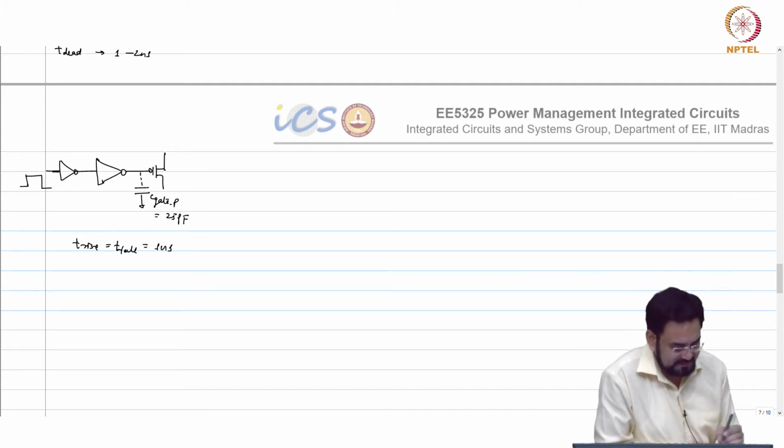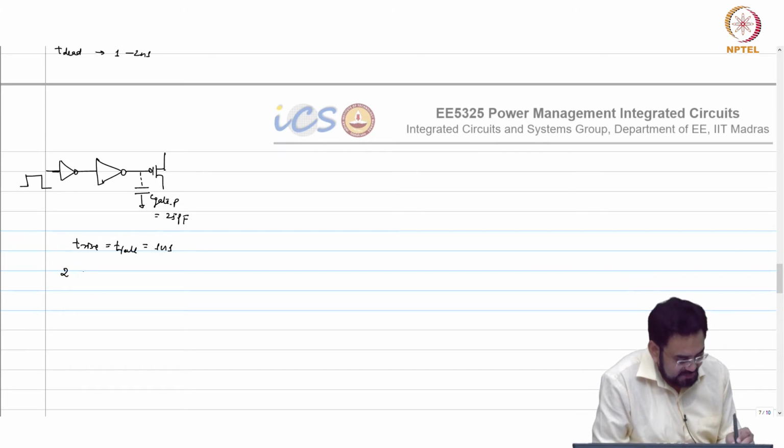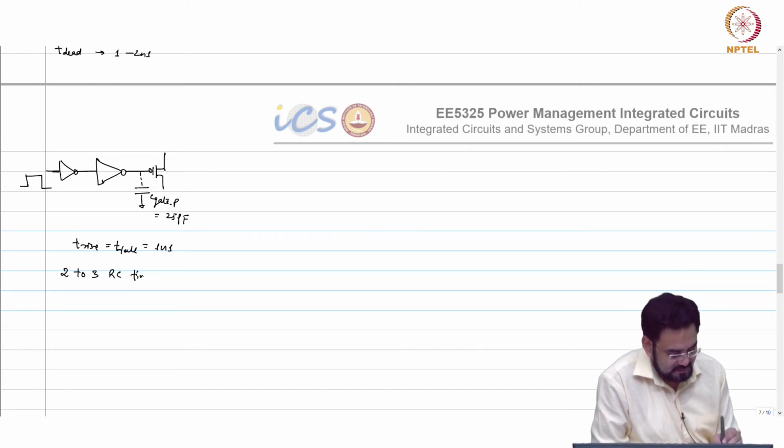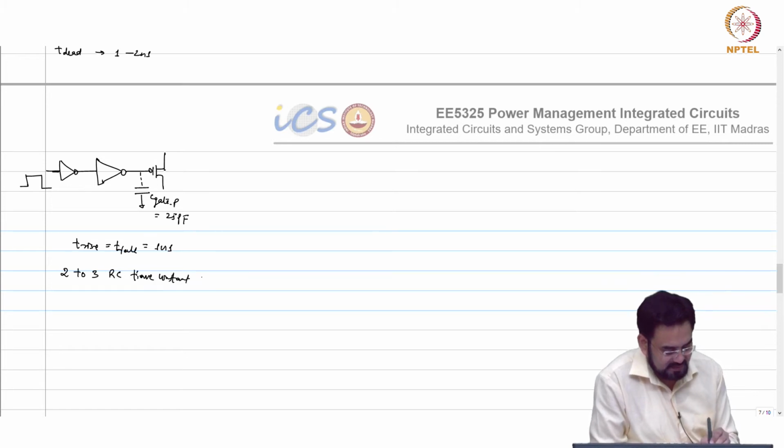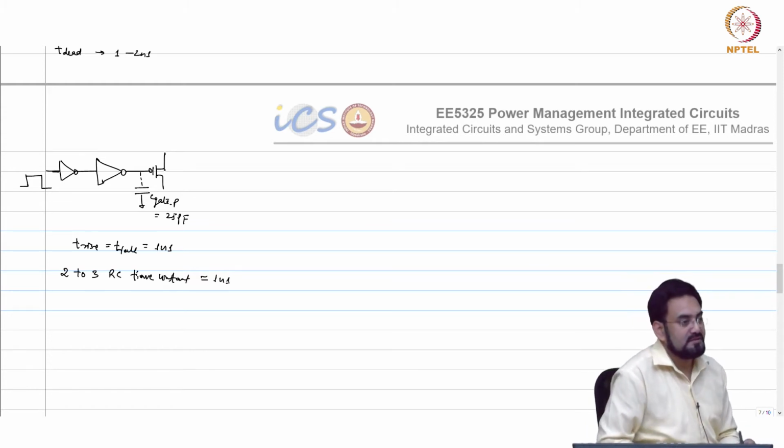Which means with 2 to 3 RC time constants, you are close to 1 nanosecond.